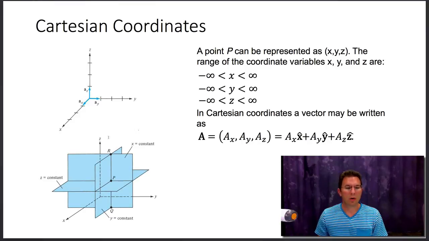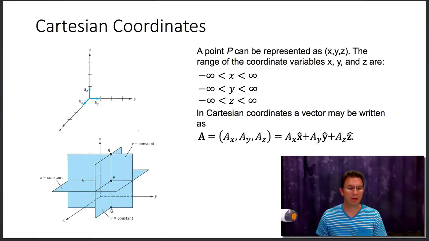The Cartesian coordinate system also allows you to describe several constant coordinate surfaces. If you look at this plane here, this is a plane of constant x. If you'll notice, it's x equals something. It intersects the x-axis at some point, and y and z can be any number. So this particular constant coordinate surface is parallel to the yz plane.